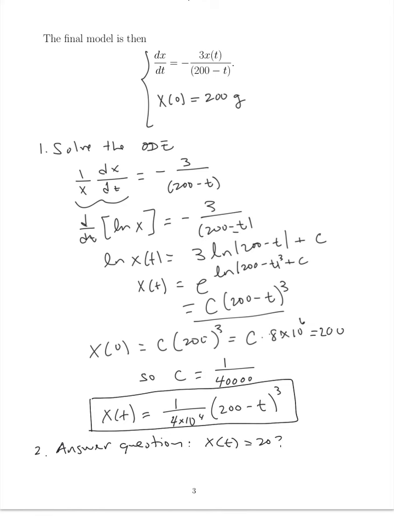And so we can just figure out when 1 over 4 times 10 to the 4th, times 200 minus t cubed, is equal to 20. And some algebra just gives that t is equal to approximately 107.17, something like that. Okay, so this is the answer.